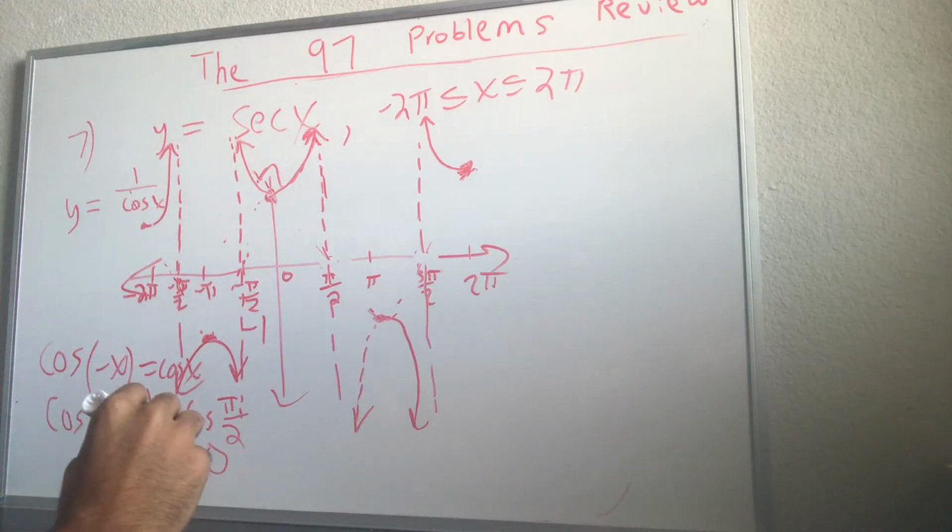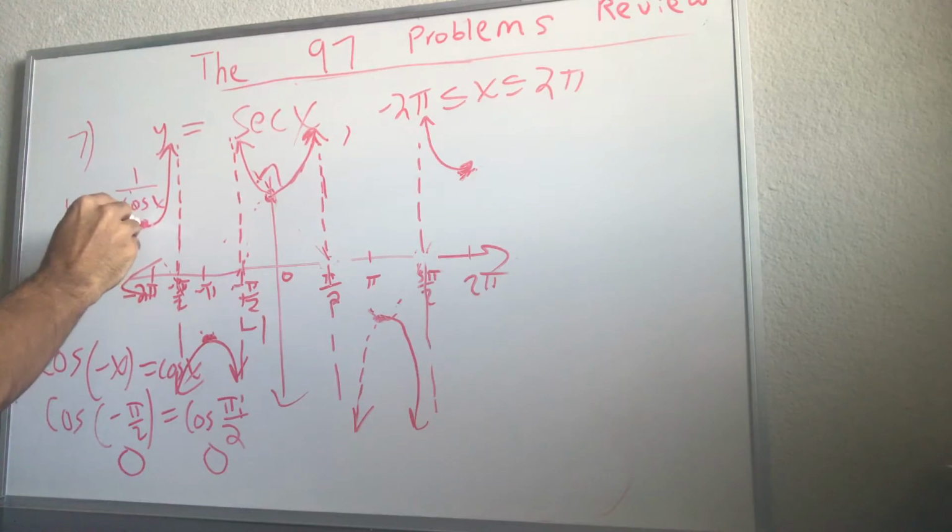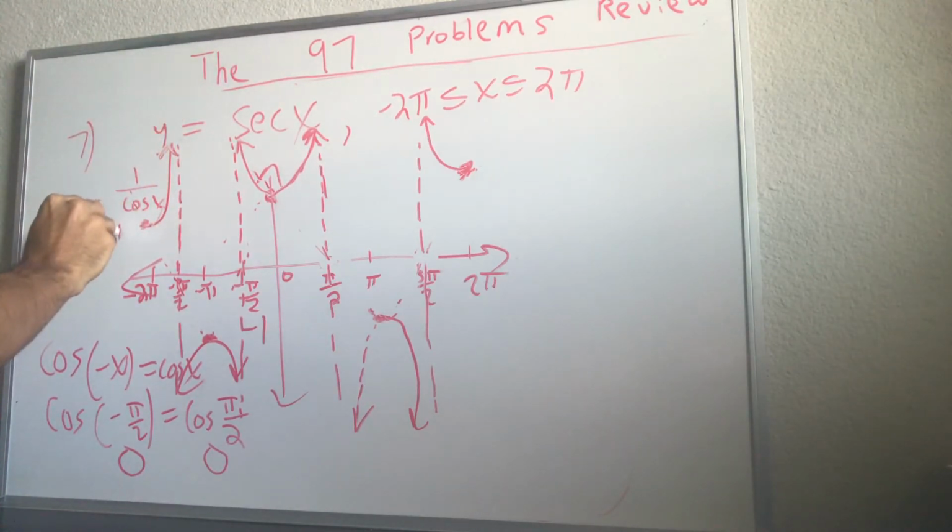And at negative 2 pi, if you think about it, cosine of 2 pi is 1. So cosine of negative 2 pi must also be 1, and if cosine of negative 2 pi is 1, secant of negative 2 pi is also 1. So we obviously know this is 1, and then we're just continuing in this direction. The y value at this point is 1.